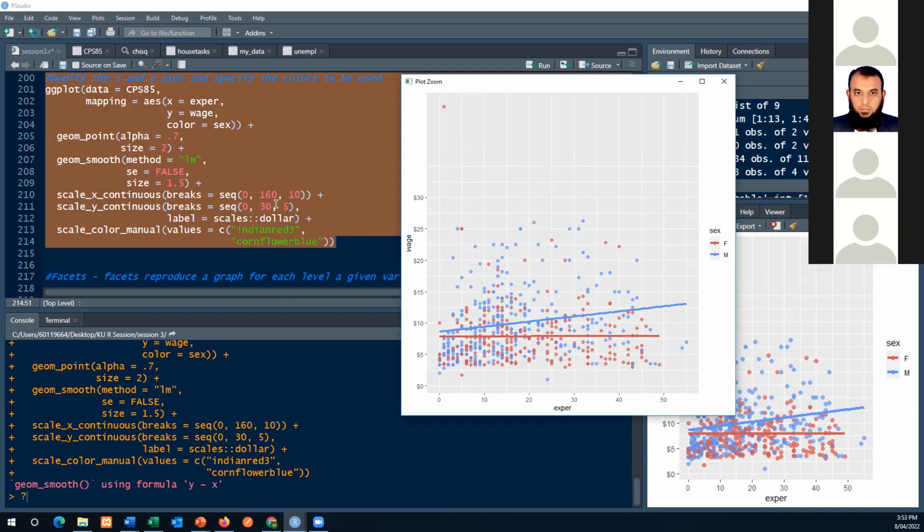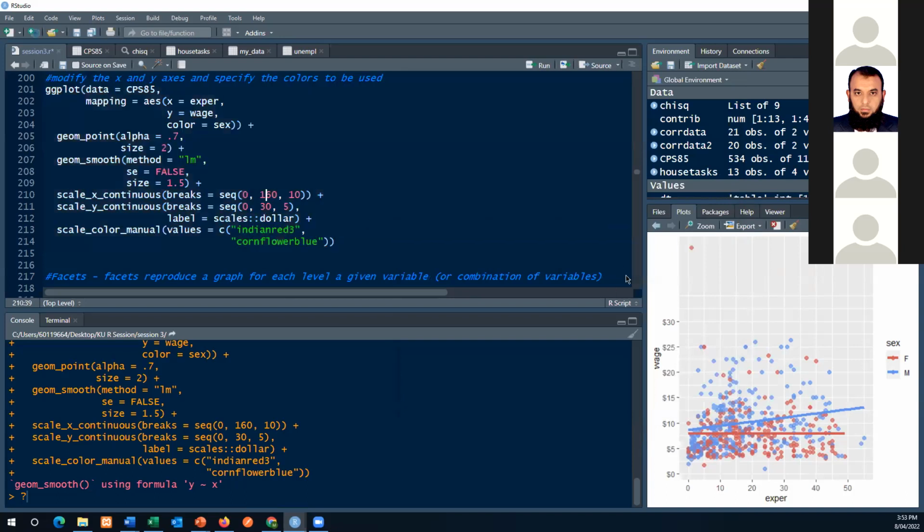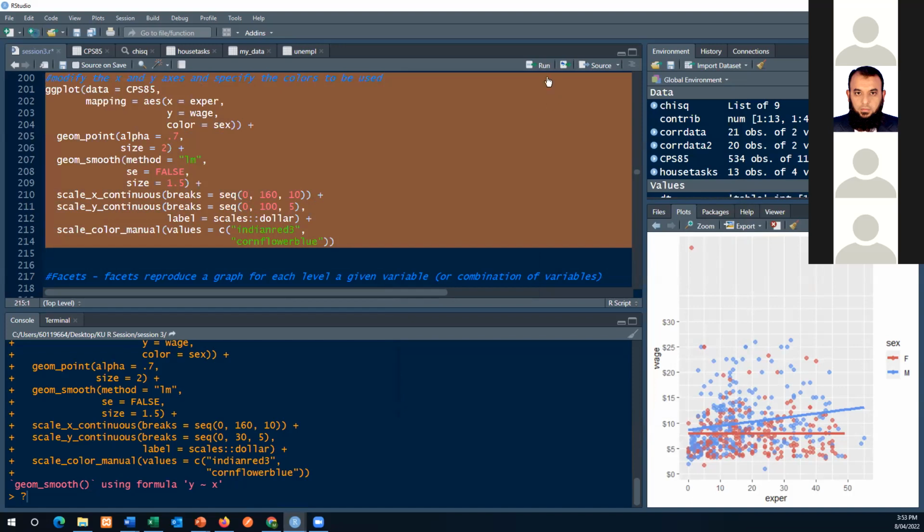Here our value was bigger, but we only gave 30, and it is also shown there. So in order to fix it, probably we'll give it like 100 and see what happens. I don't know what's happening here.